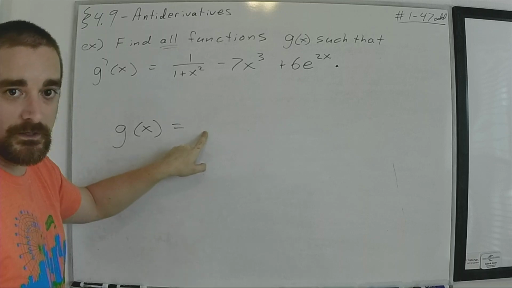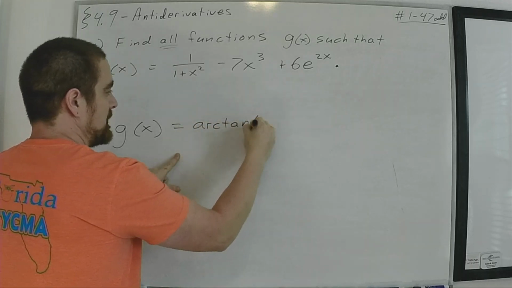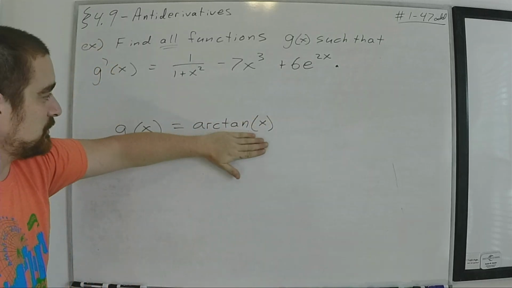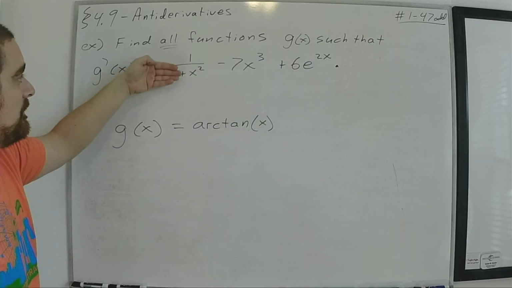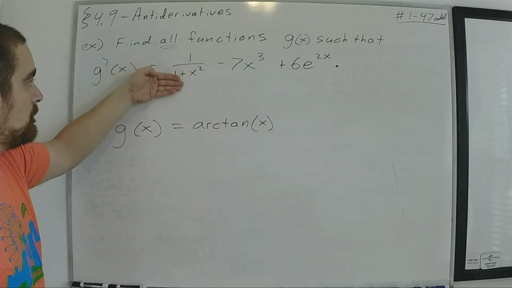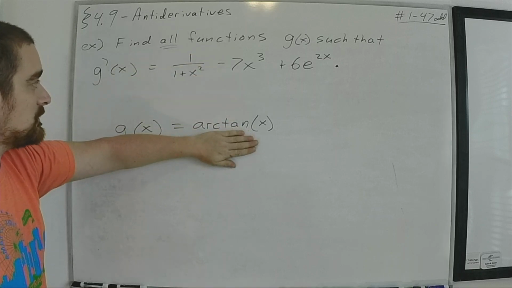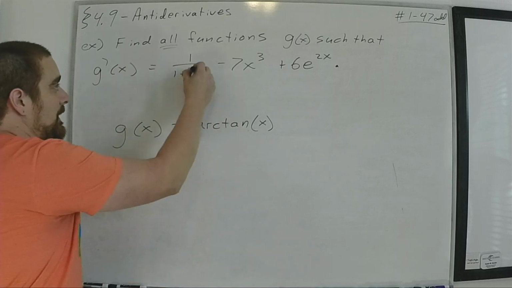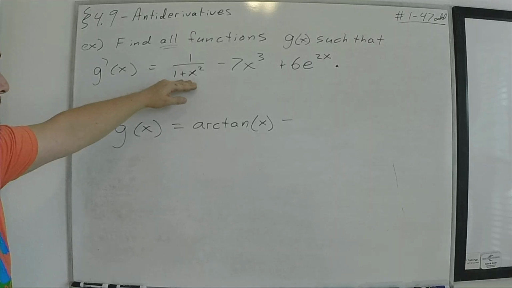Aha, there is a function out there that we know of such that when you differentiate it, you get 1 over 1 plus x squared, and that is the arctangent function. When you differentiate arctangent of x, you get 1 over 1 plus x squared. Therefore, the antiderivative of 1 over 1 plus x squared must be that arctangent of x function. If I differentiate and then anti-differentiate, those two go back and forth. So that is the nice function to take care of that.